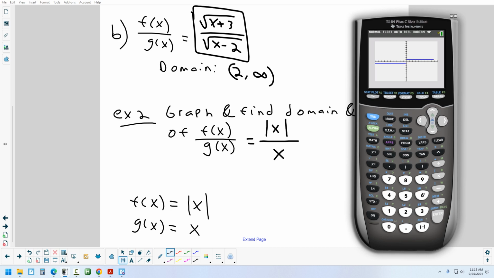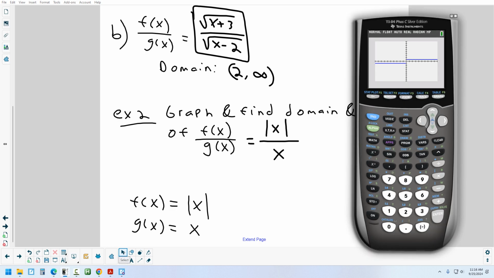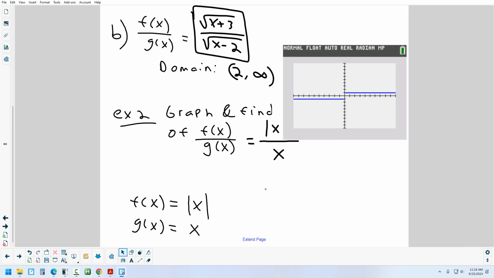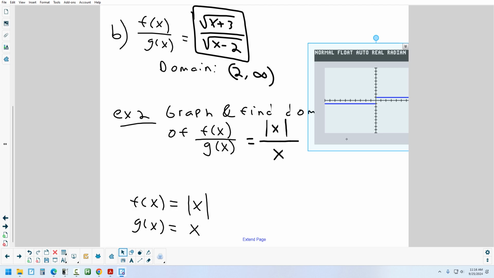And we're trying to find the domain and the range. Well, domain you can get without even using the picture. Are there any square roots in my final answer? Gracie, are there any square roots in my final answer?